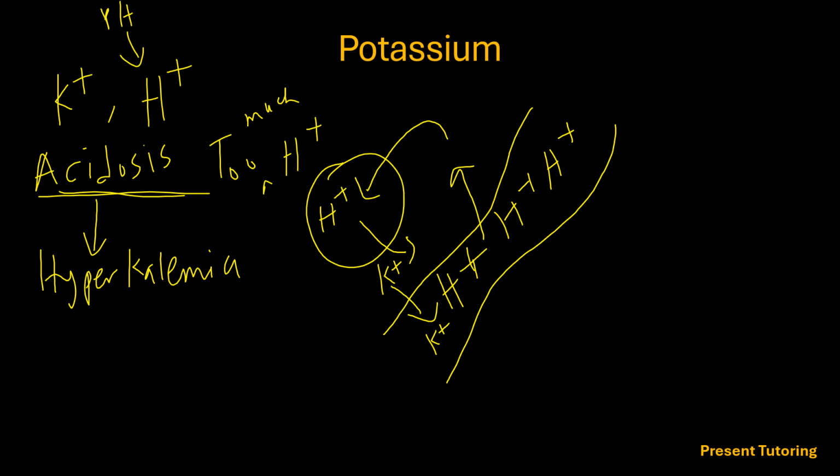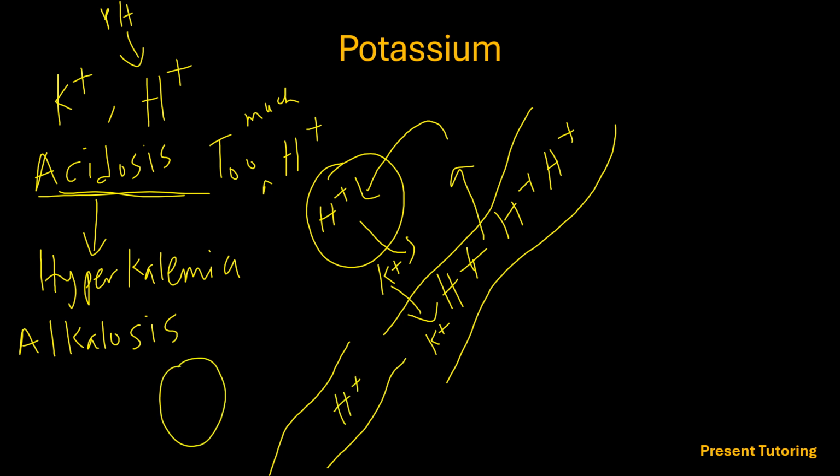And then if we talk about alkalosis, that is alkalosis, alkaline. So we're talking about basic conditions. So there is only a very small amount of H plus in the blood. Okay. And so that means that H plus will need to travel outside of the surrounding tissues.